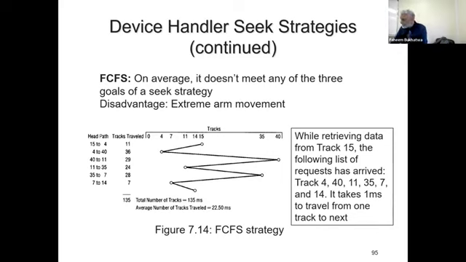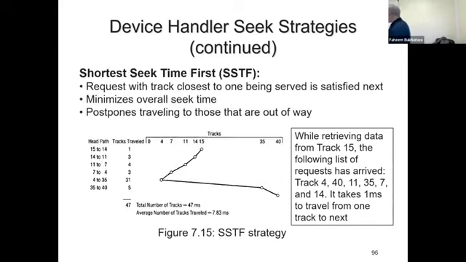Now, let's try another strategy and see if there's a difference between them. This one is called the shortest seek time first. Remember, with the CPU, we did first come, first served, and the shortest running CPU process.